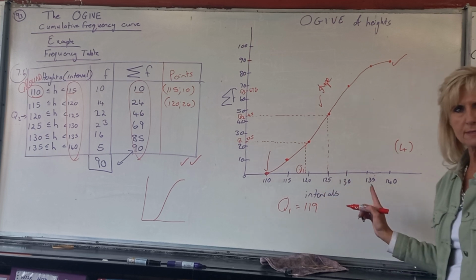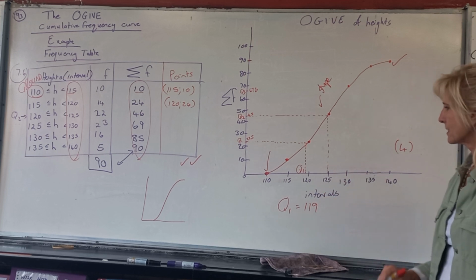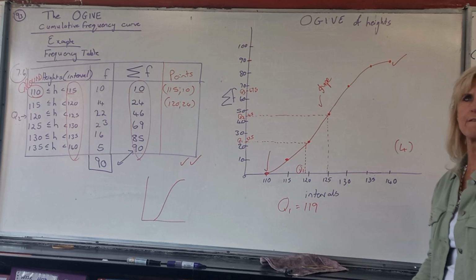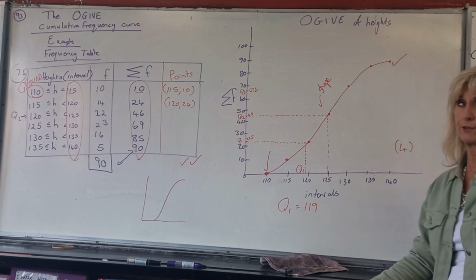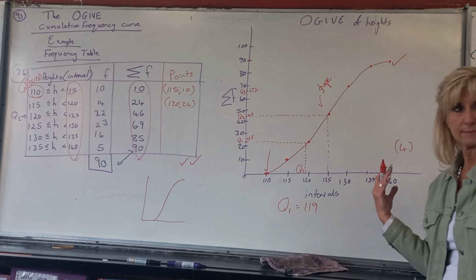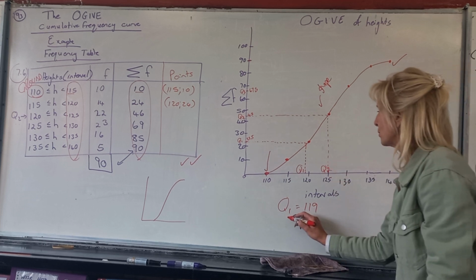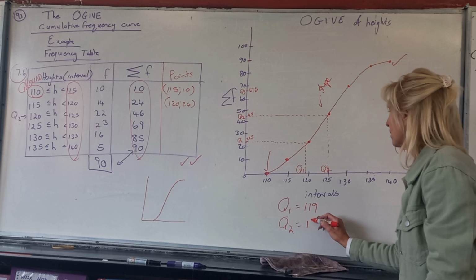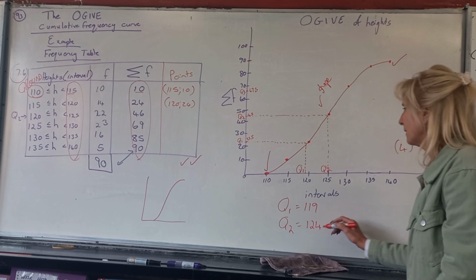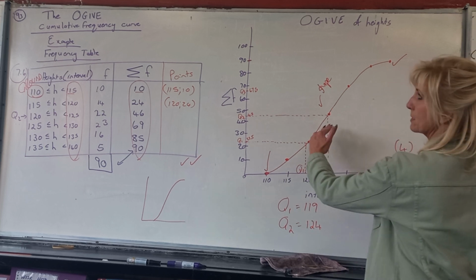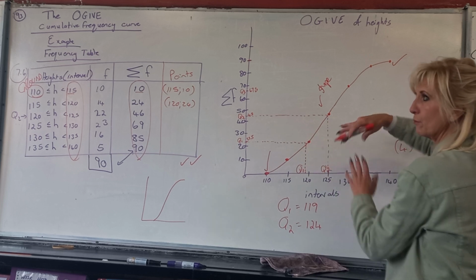Now remember, this is heights. So can I say 124.653? You can't really be that accurate on it. But my Q2 would then be 124. Let's say 124 is fine, depending again if your graph was a little bit more up or down or flat.